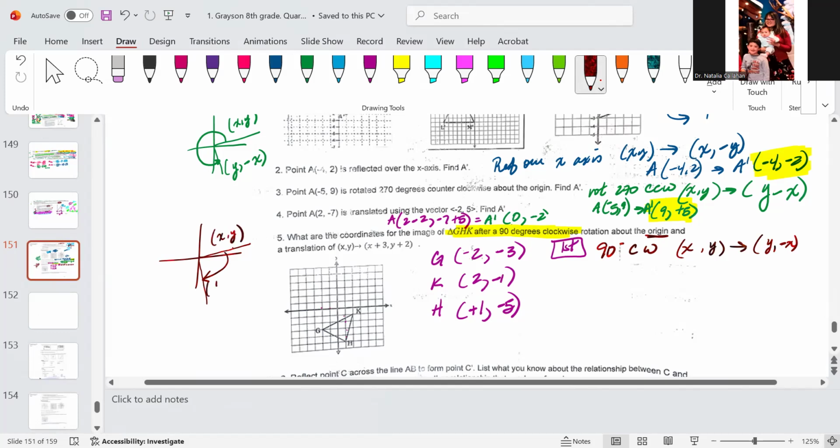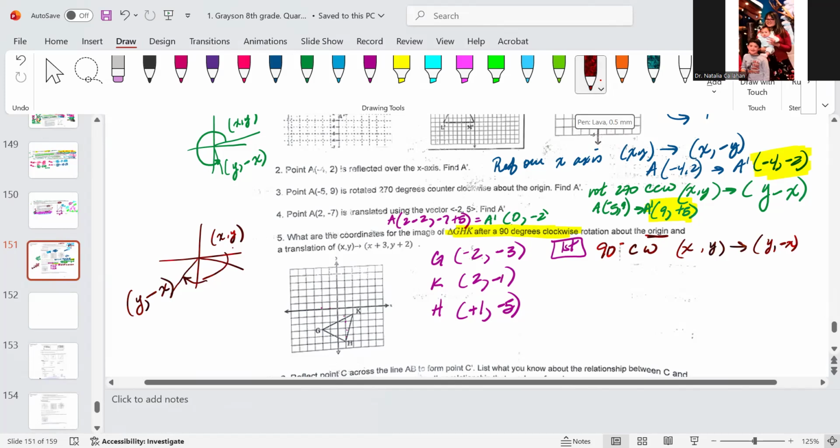So it's y. It's negative x. Oh, it will be negative x because if I start right here, it will go over here. So y will come first. Negative x, y, x, I don't know. Okay.